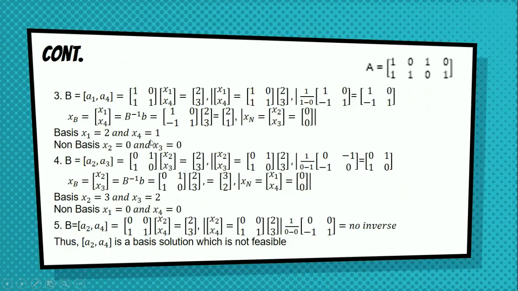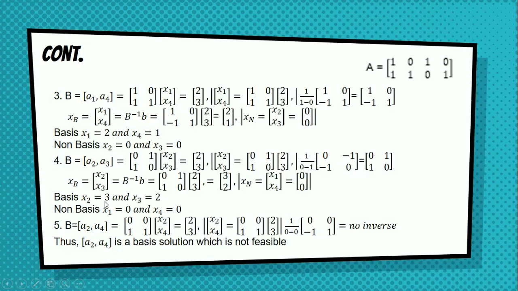We try again with x2 and x3 as the new basis, and there is no inverse here because the adjoint cannot be calculated. A2 and A4 give a basis solution which is not feasible, so they cannot be treated like the others.